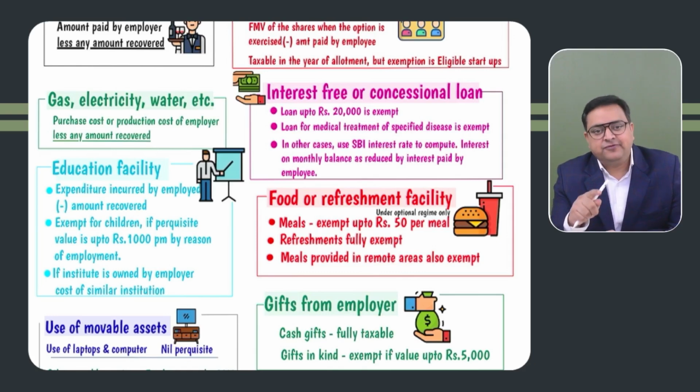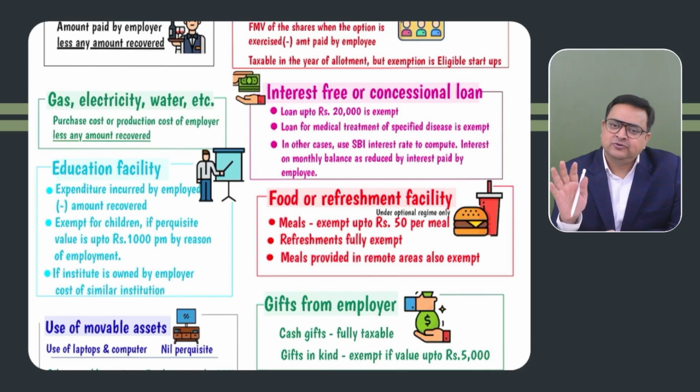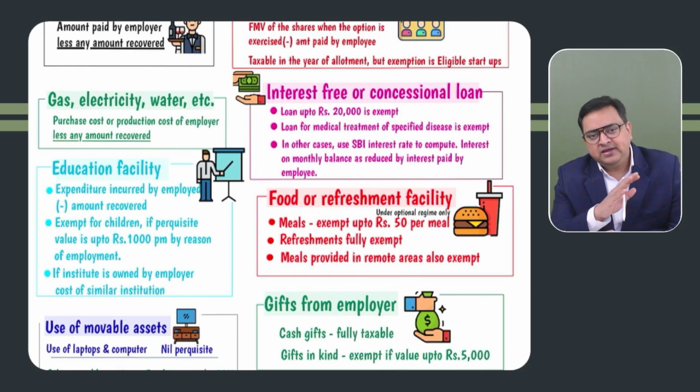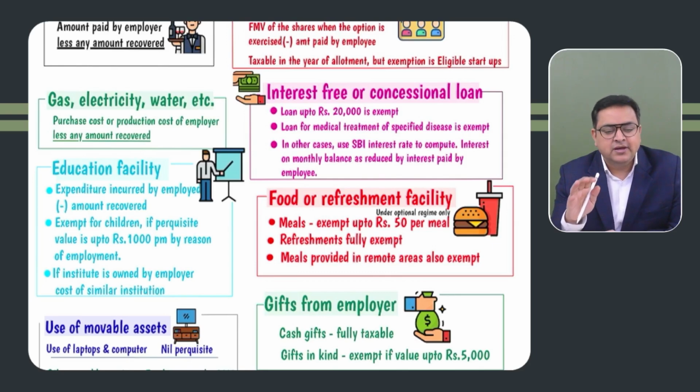So for children, if the education is provided in the employer's institution, and the value of the perquisite is up to 1000, then you can exempt. But if it is more than 1000, then it will be taxable. Got it? And no maximum of two children here; education facility can be given to more than two children also. So if it is up to 1000, then you can ignore. But if it is more than 1000, please make it taxable.